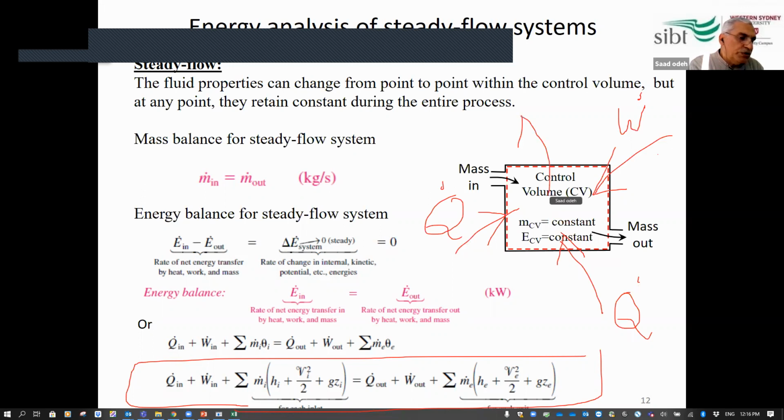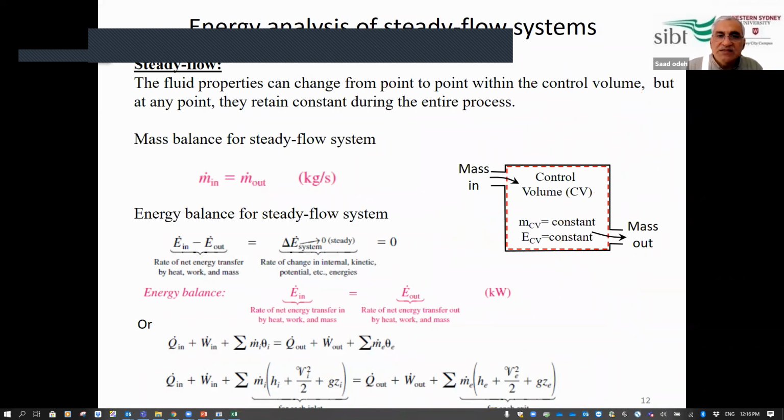If it's exit, you put it on the right side of the equation. If it's input, you put it on the left side of the equation. So you add all these energies together to maintain the balance of the energy equation.